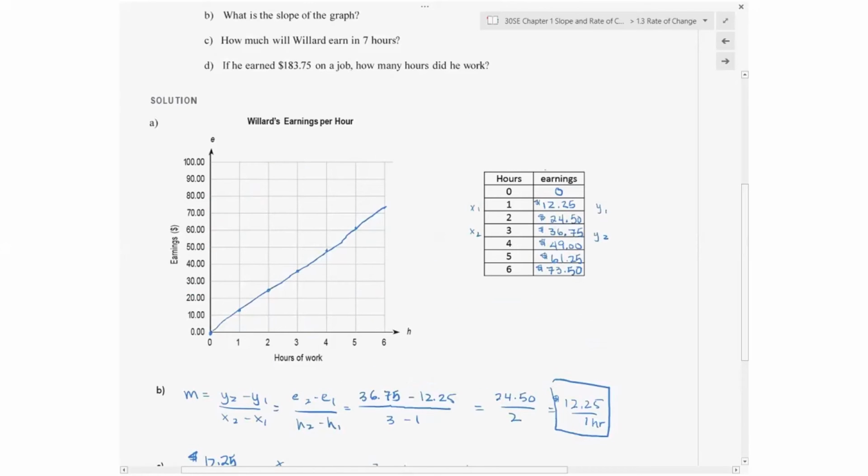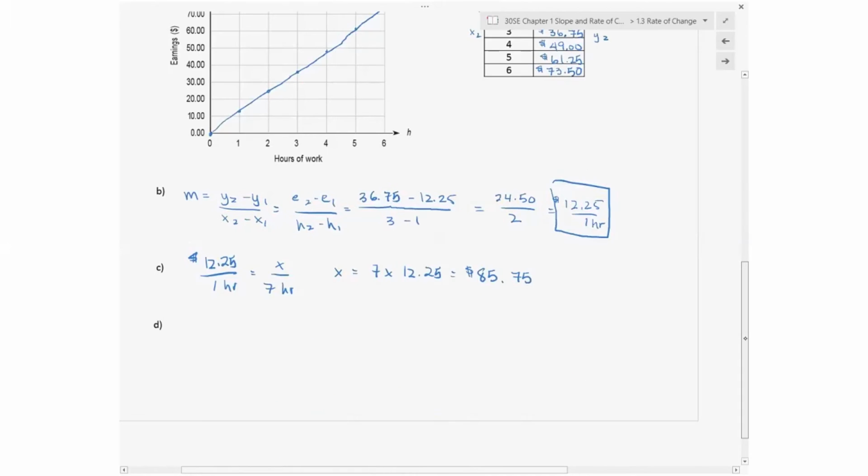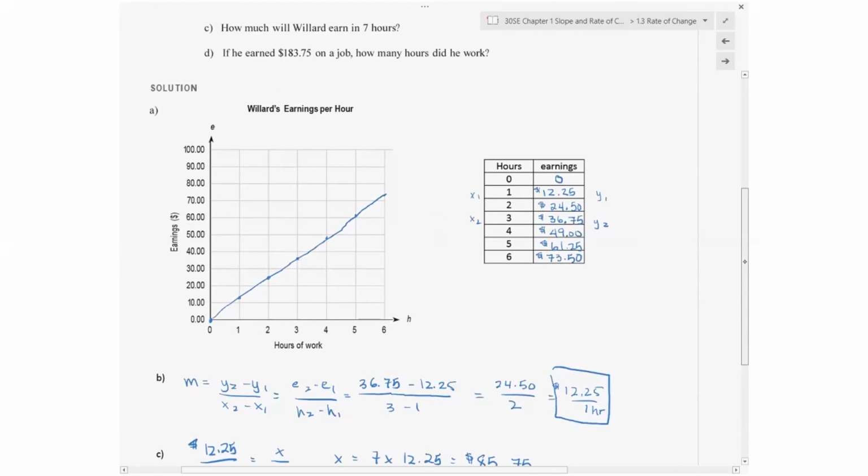And if he earned $183.75 on a job, how many hours did he work? Well, there's a couple different ways you can do it. Essentially, the math will be the same in all of them, but let's set it up as a proportion. So he's getting $12.25 for 1 hour, and he earned, what was it again? $183.75.